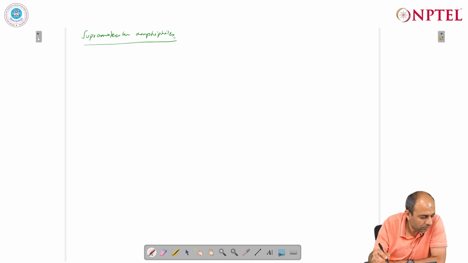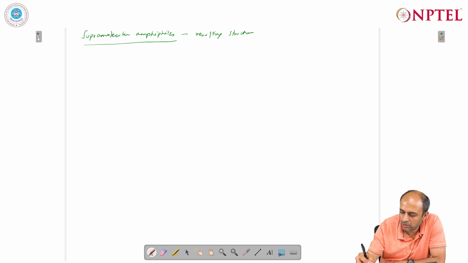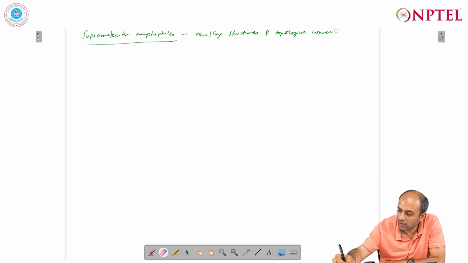amphiphiles, and we are going to look at the resulting structures and topological connectivity of supramolecular amphiphiles.